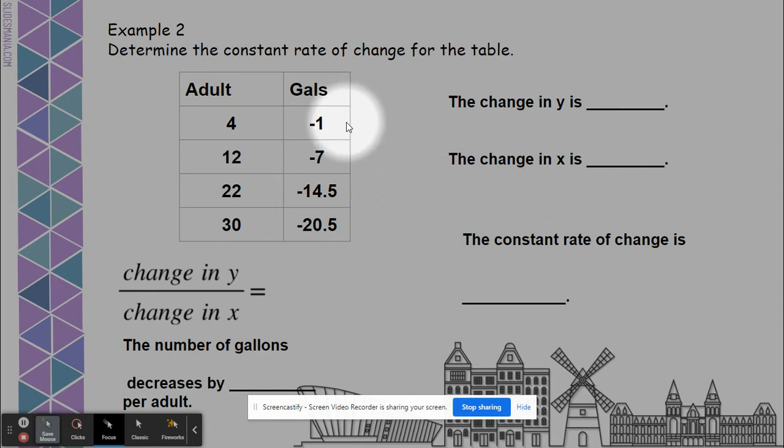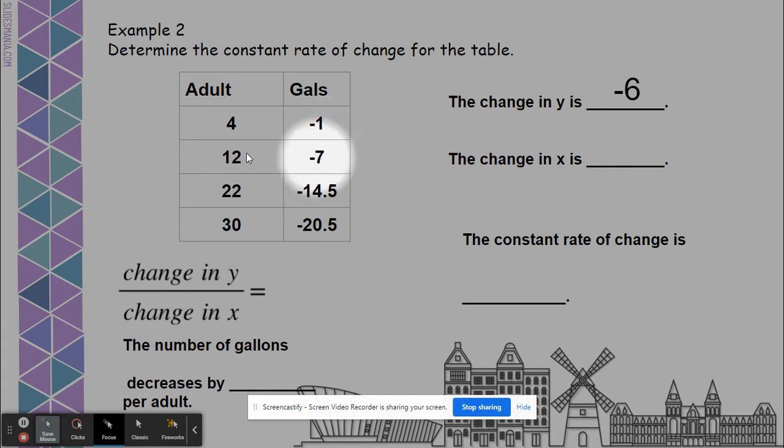Now, determine the constant rate of change, which, by the way, is also the slope for our line for this table. All right, so I'm going to stay with my process of determining the change in y. So -7 minus -1 is going to end up being -6.